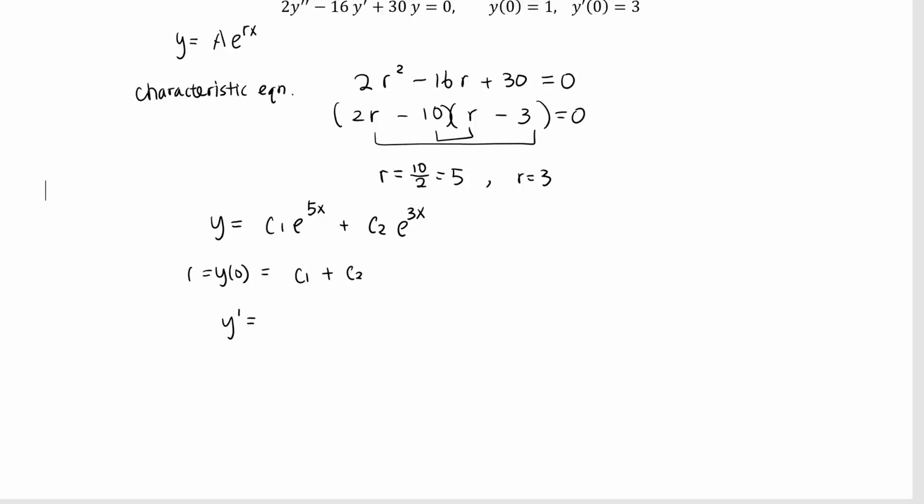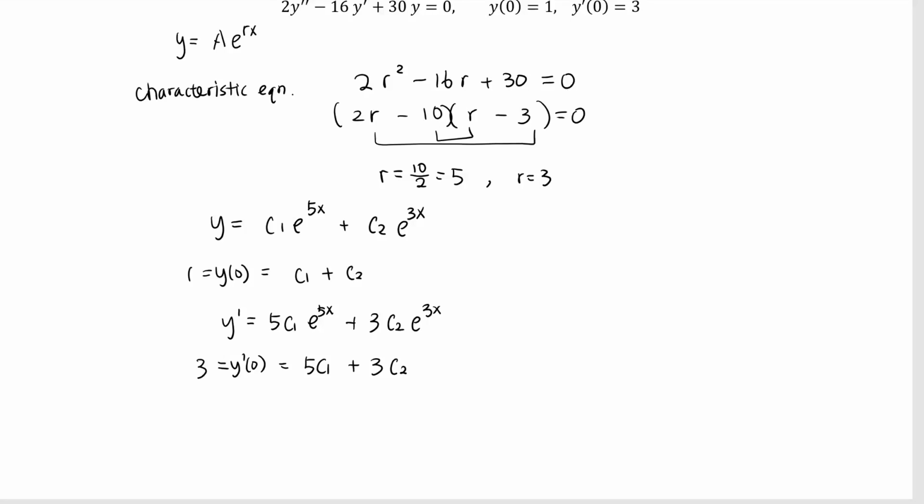The derivative of e to the 5x is e to the 5x times 5. The derivative of e to the 3x is e to the 3x times 3. We plug in y prime of 0, and that is 3. So that is 5c1, e to the 0 is 1, plus 3c2, e to the 0 is also 1.